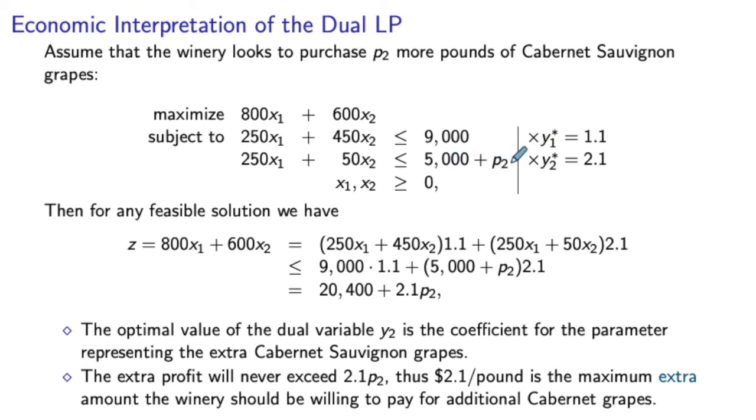So if you are trying to increase the amount of Cabernet Sauvignon grapes, then we can see that our objective can never exceed the previous optimal value plus 2.1 times P2, where 2.1 is the optimal value for y2 and P2 is the amount by which we can increase the right-hand side of the second constraint. Therefore, we shouldn't be willing to pay more than $2.10 per pound of the additional Cabernet grapes.